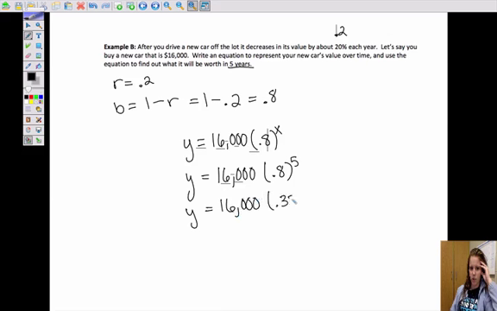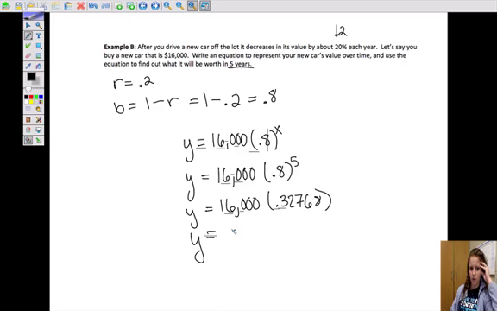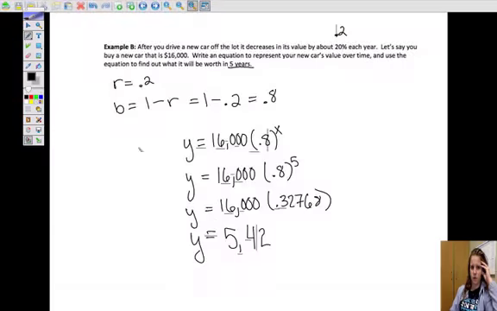All right, so now if we figure out what that value is going to be by multiplying there, we take that value times 16,000, and we have 5,242.88. So our car, after 5 years, is already decreasing to $5,242.